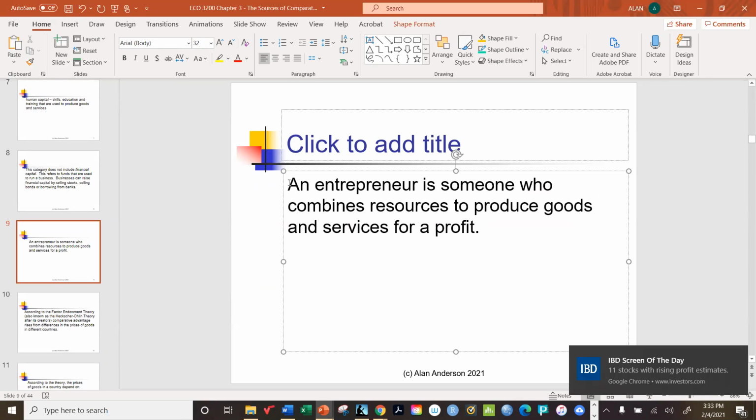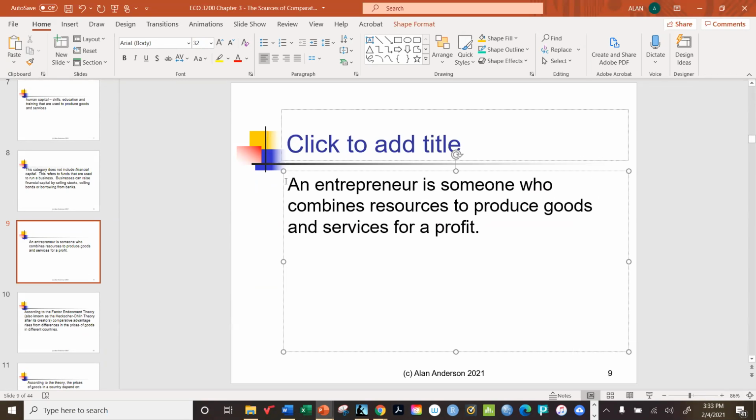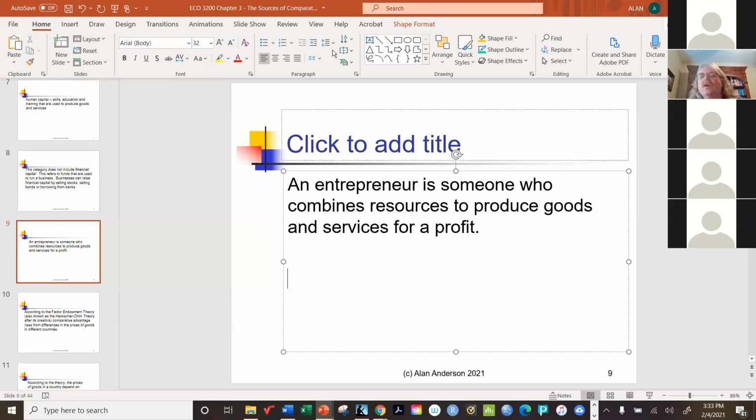So who are some examples of entrepreneurs that we're very familiar with? Who can name an entrepreneur that we all know very well? Okay, here's a hint. How about Steve Jobs?